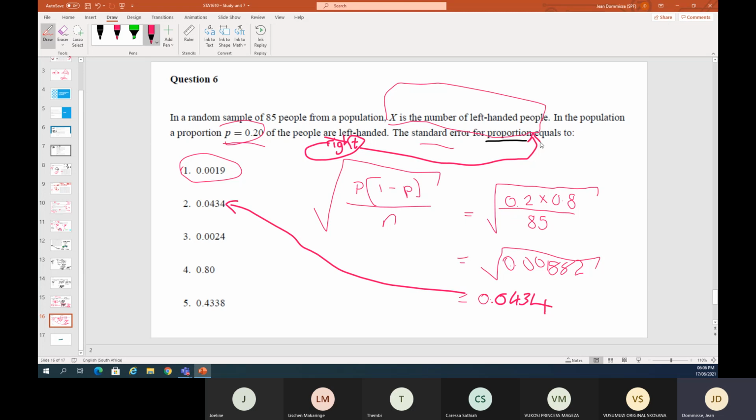And something interesting comes out that I think is just for you guys to know. So if that is left-handed, how many are right-handed?